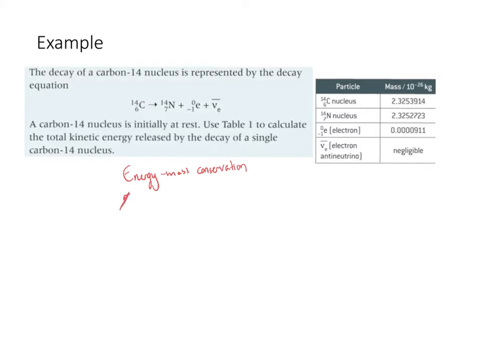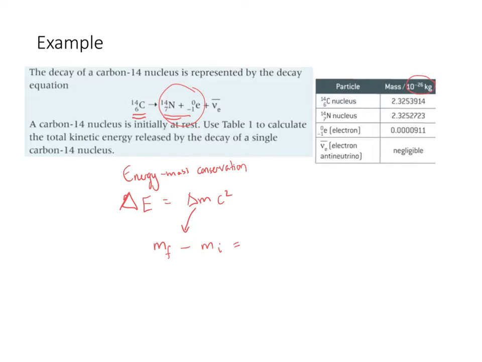So in other words, I need to calculate the change in energy, which is related to the change in the mass from the parent to the daughter nucleus. So we start first with the change in mass. We take the final mass of the combined nitrogen and electron that were given out, minus the initial mass. These values are given to you as multiples of 10 to the minus 26.